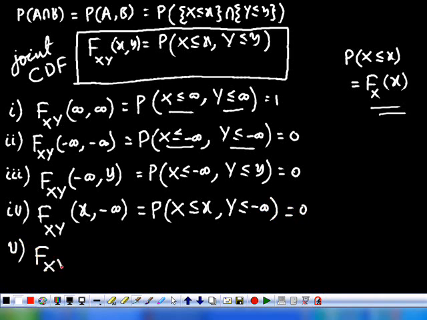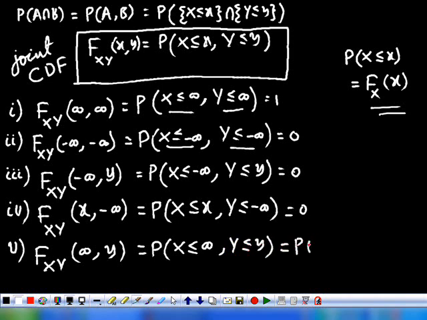But what about Fxy of infinity comma y? This is the probability of x less than or equivalent to infinity and y less than or equivalent to y. Can I write this as probability of y less than or equivalent to y? Why? Because this is a certain event. So this is S intersection this, which is this.